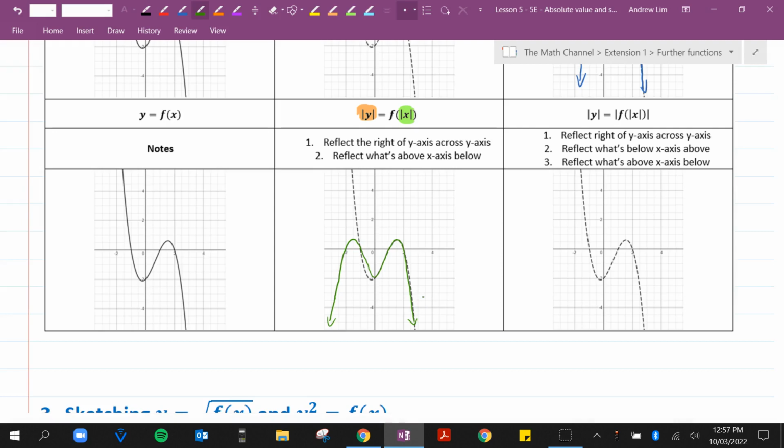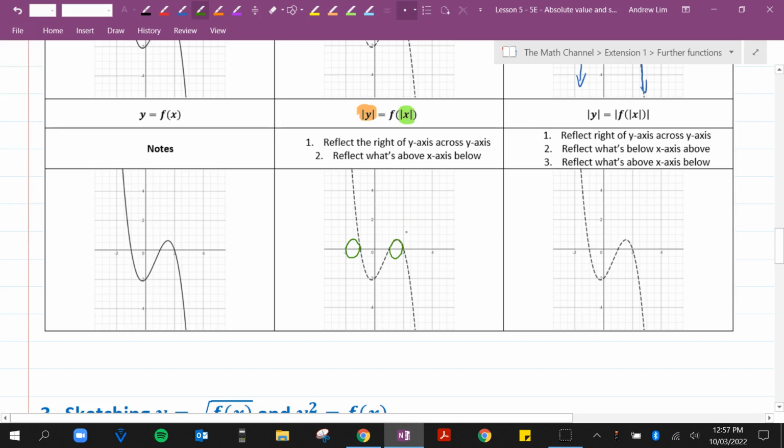And now we're going to remove all the ones below the x-axis and reflect what's above below. So let's put this. And we'll just reflect what's above below.